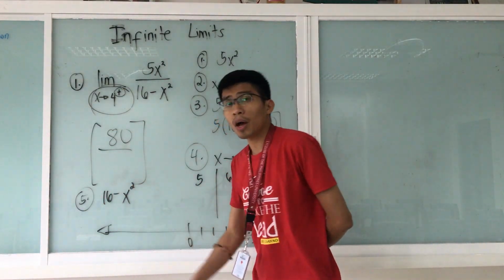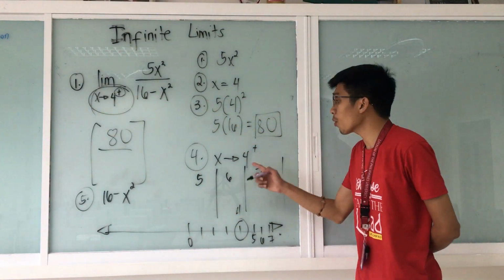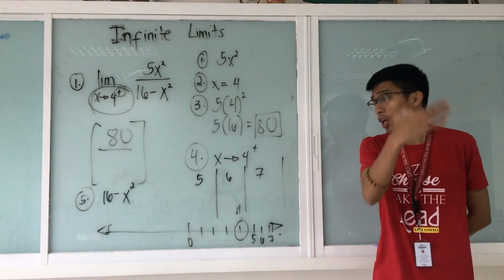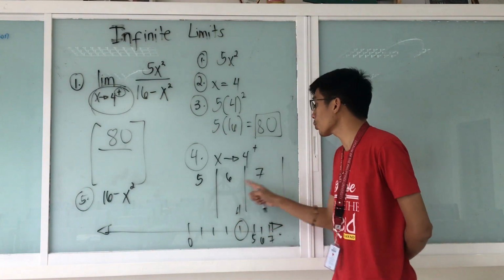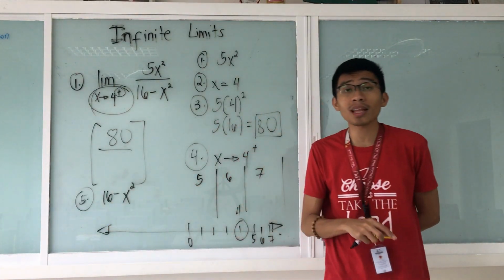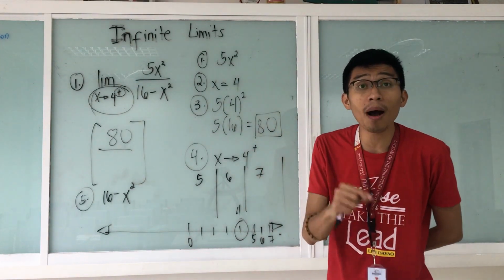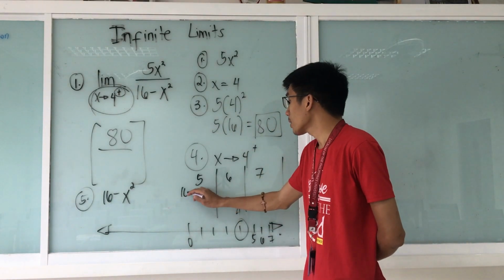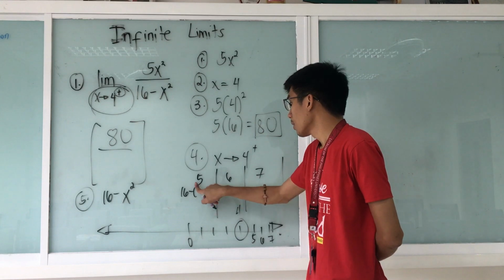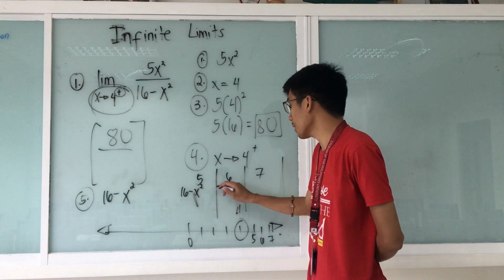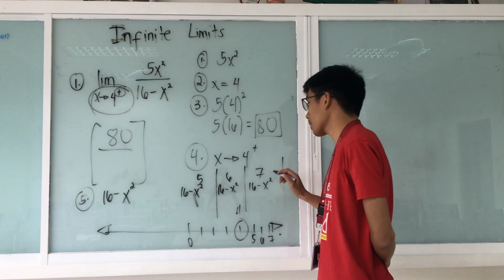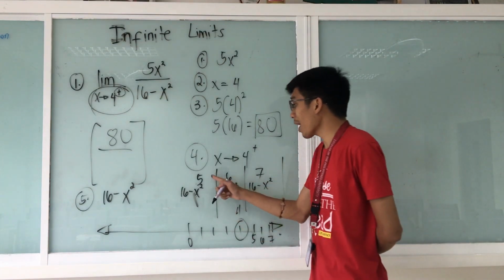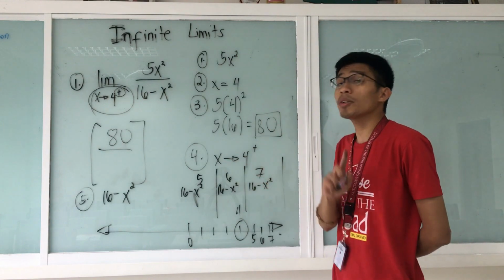Since in step 4 you have chosen 3 numbers to the right of positive 4, you are going to substitute these 3 numbers into your denominator, 16 minus x squared, in place of all x's.